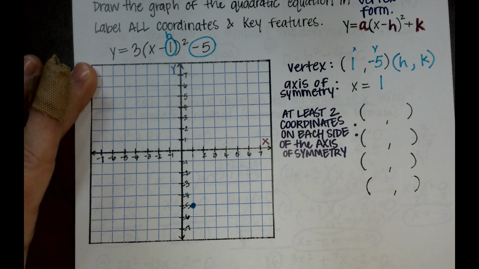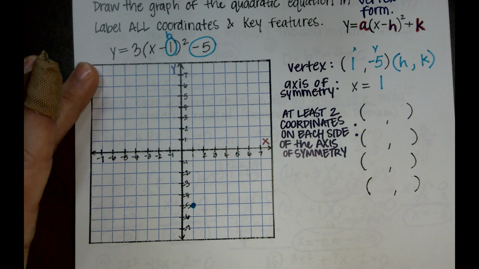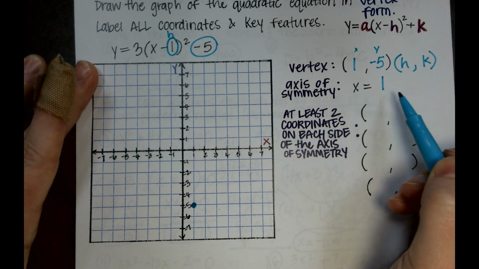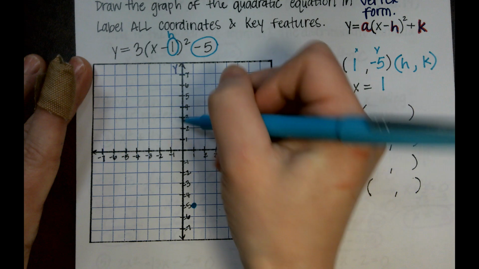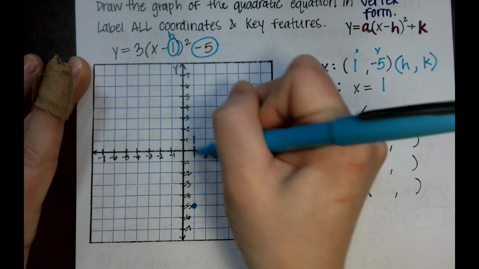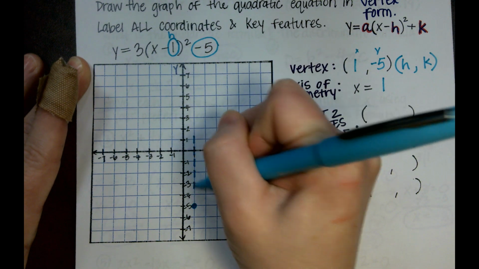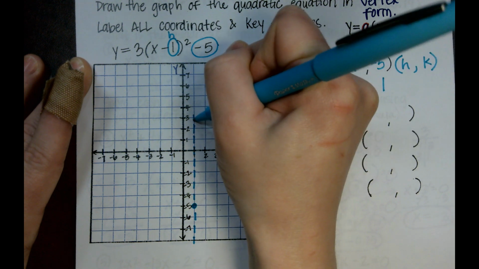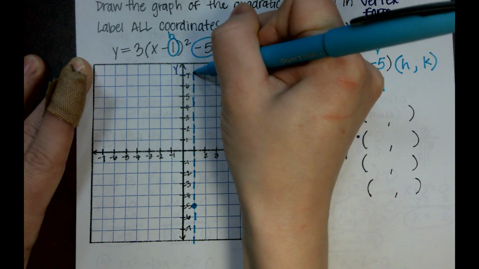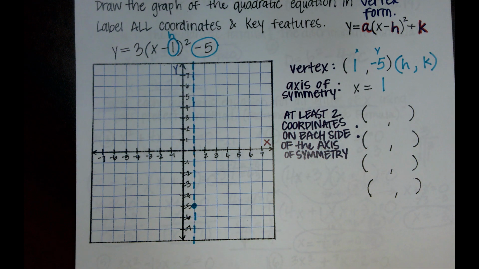That's my vertex. And then my axis of symmetry is at x equals 1. So right here. Okay, so I've got my vertex, I've got my axis of symmetry.